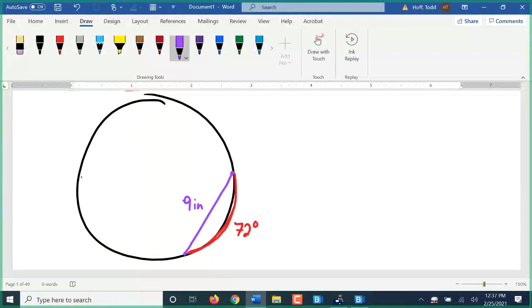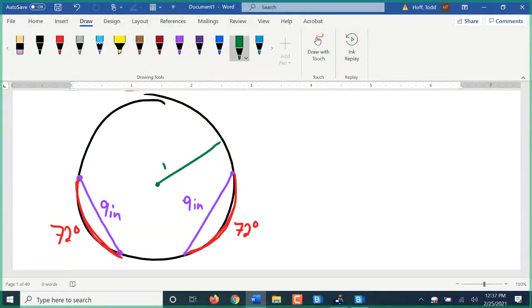If in the same circle I have another chord that's also 9 inches long, the arc that is cut out by that chord is still a 72-degree arc. Equal chords within the same circle will cut the same arc.